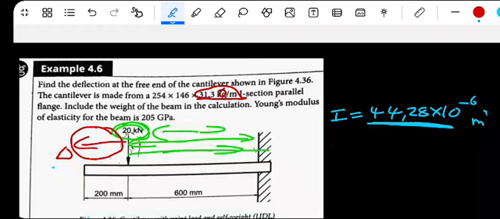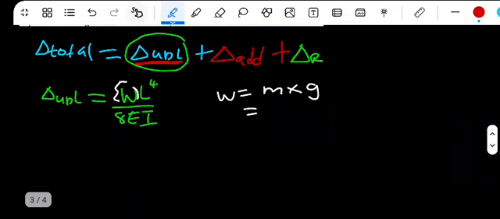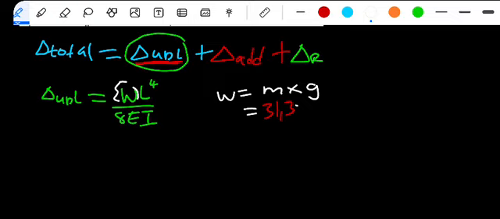Because kg is a unit for mass, you take only this portion, 13.3 kg. All right, we have 13.3. The gravity, obviously, we know will be times 9.81. What will be this?